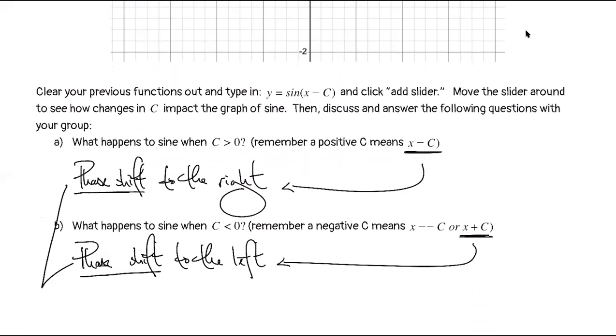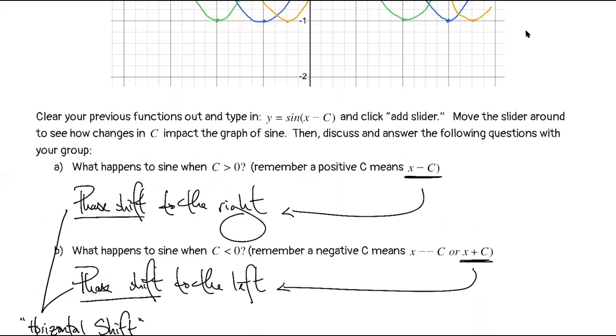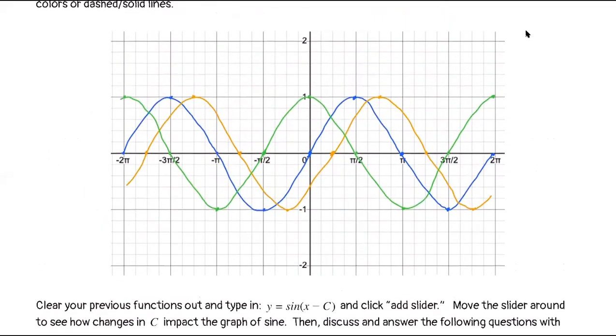So phase shift is the same as horizontal shift, okay? So we've got a phase shift to the right and a phase shift to the left. And one thing that I am going to do on the answer keys is I'm going to make sure to highlight the center point. So for example, the center point of the blue point is here, okay?